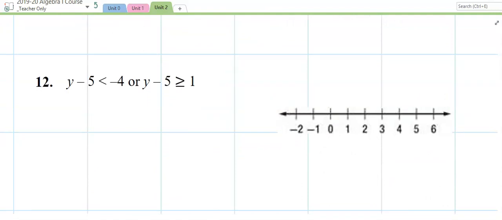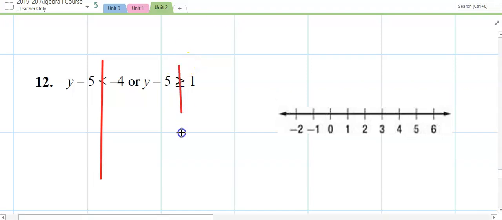Number 12. Let's solve each inequality. The inequality on the left, I'm going to add 5. So I get y is less than 1.